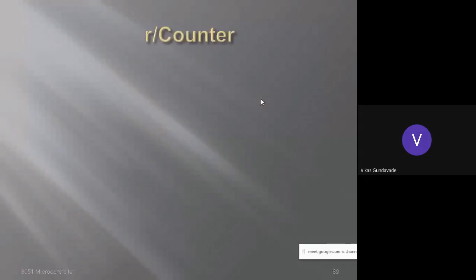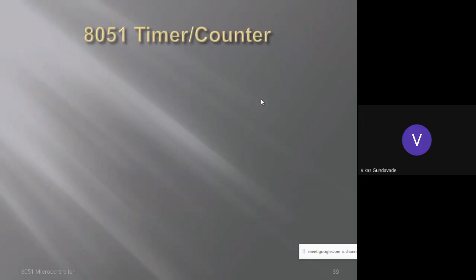So the timer is used to provide the delay. Now, at the same time, suppose I want to identify the number of events generated at a specific port pin. Event means the number of triggers.